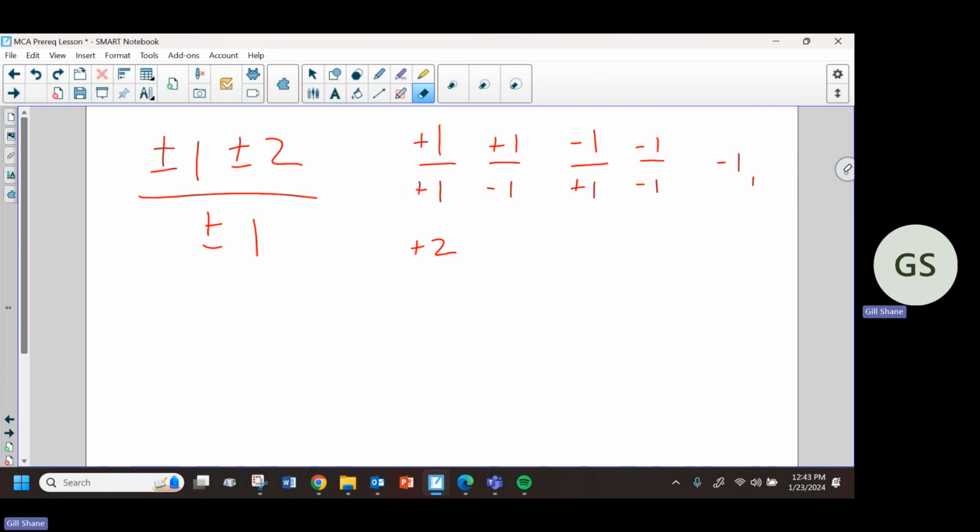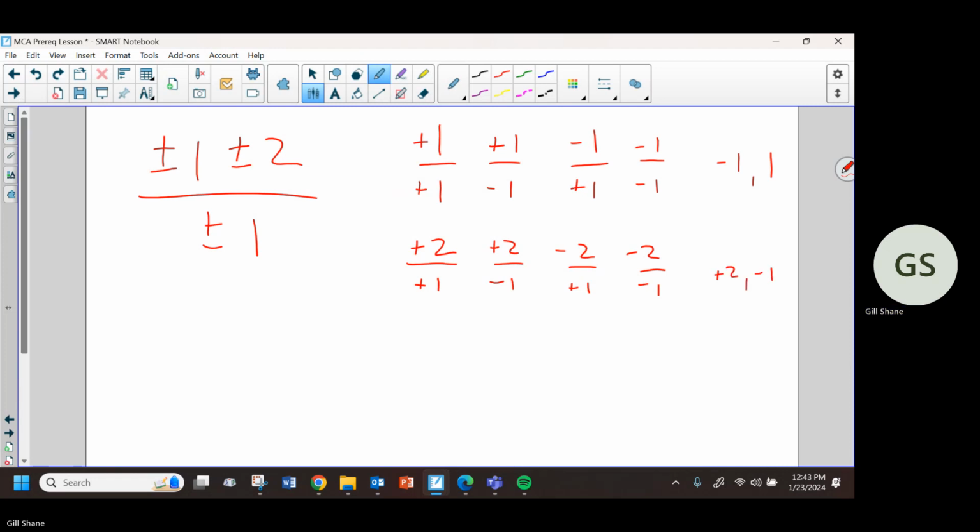Same thing: +2 over +1, +2 over -1, -2 over +1, -2 over -1. Again, that only creates 2 different numbers. Then +2 over +2, -2 over -2. So 4 possible rational zeros.